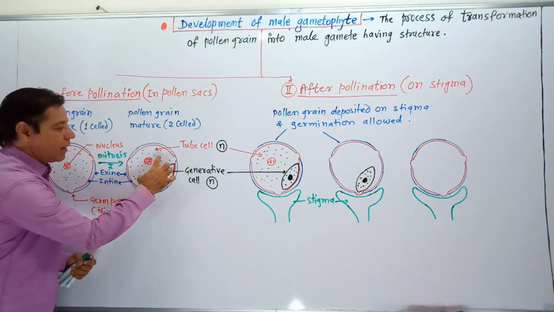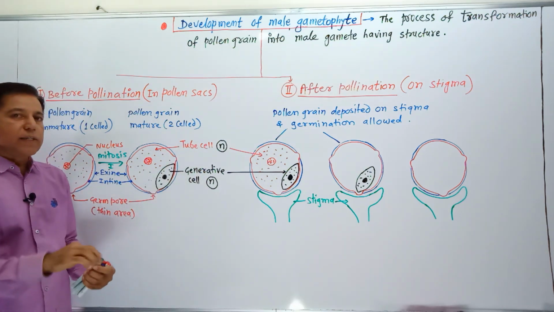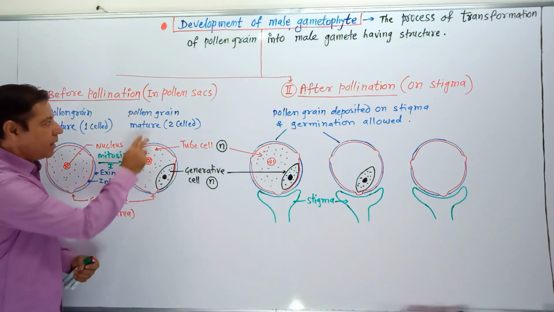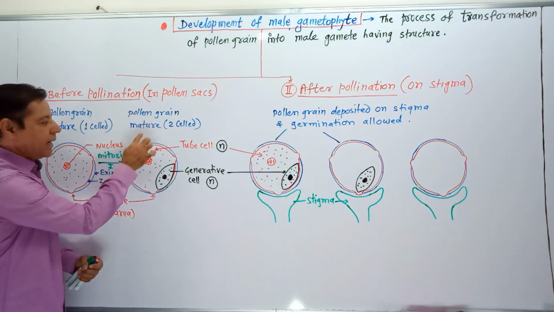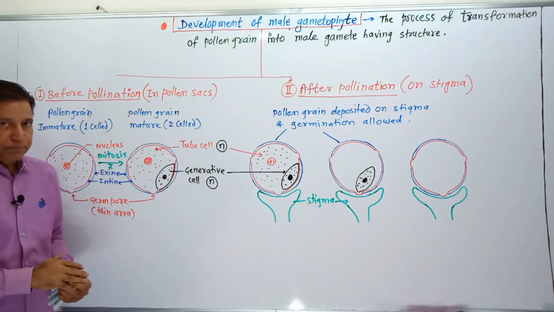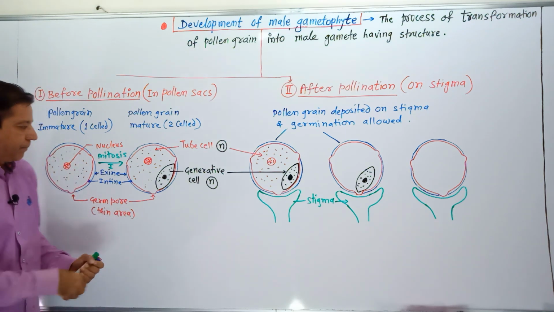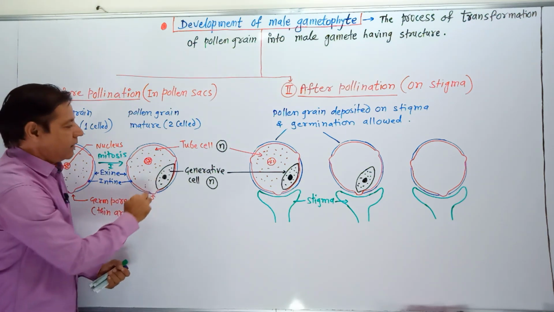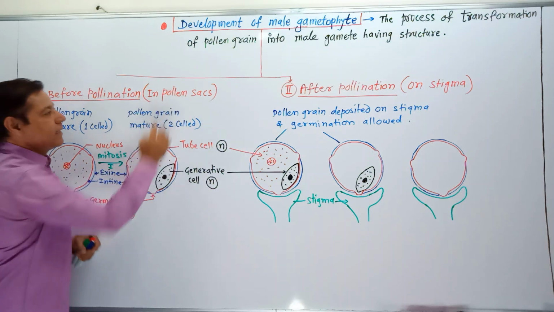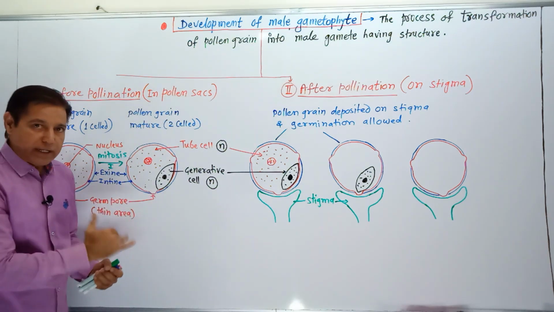That is why one large tube cell is formed while one small generative cell is formed. In this way the immature pollen grain becomes mature. Now it is two-celled, with two unequal size cells inside the pollen grain. This happens inside the pollen sacs of the anther before pollination.